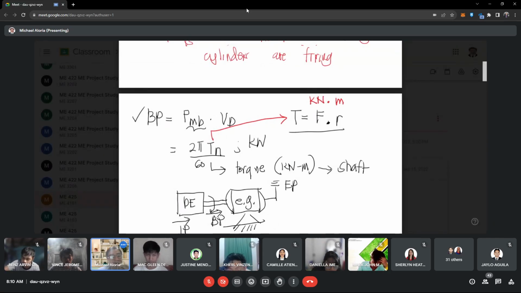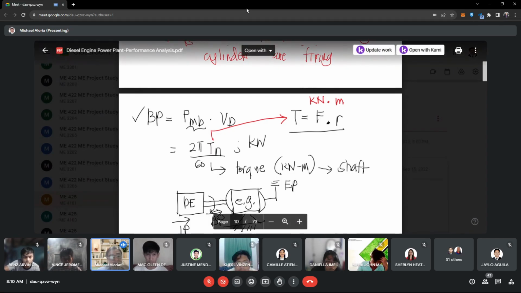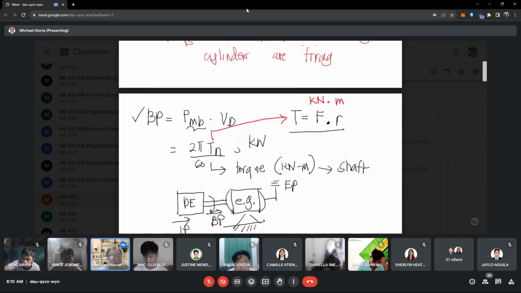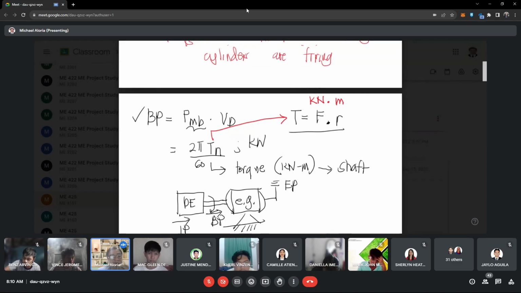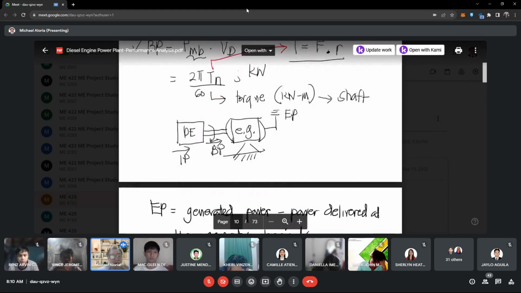Okay, 2 pi Tn. T is the torque, F, yung force applied, times yung radius ng shaft natin. Okay? And N represents your operating speed or RPM. So 2 pi Tn over 60 is the brake power. Okay? So yan yun. Kaya brake power is simply a shaft power.